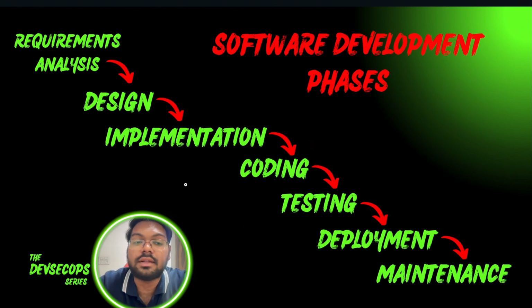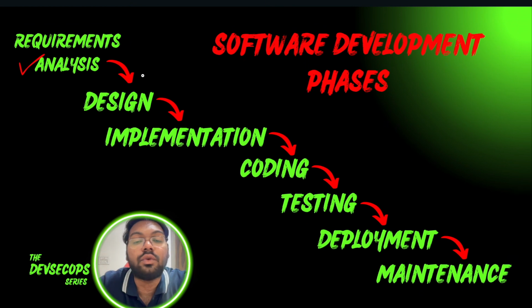Before we discuss what is shift left, let's first discuss the software development phases. What are the different phases or stages that we go through when we are developing a software, an entire product? Here you can see a few phases that I have listed out. First is the requirement analysis. Before we even begin the development process, we need to know what kind of software we have to build and what technologies are to be used while building it.